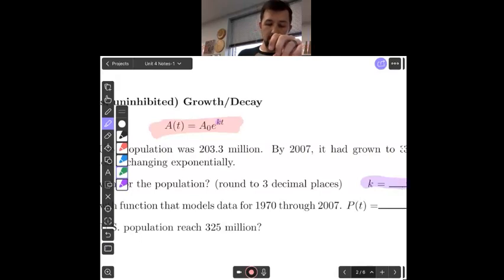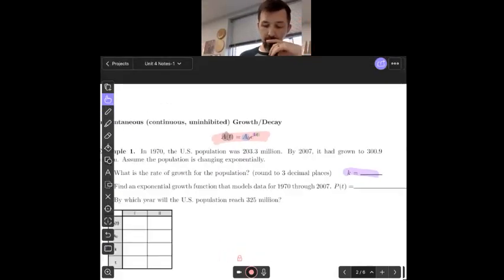We have to know what T is, what A naught is, and what A of T is, because E is a number, not a variable. We know what E is, it's just a messy number. So we need to make sure we can read the problem and identify all those things.